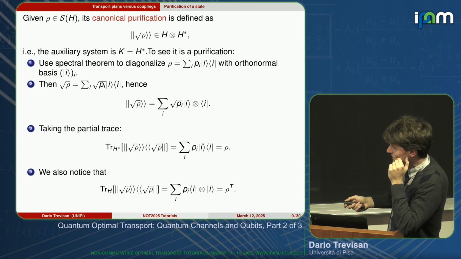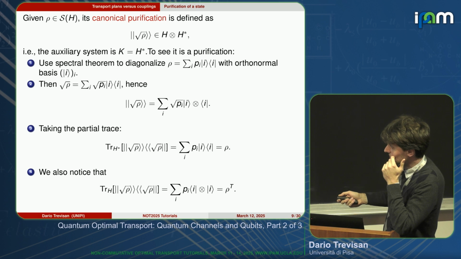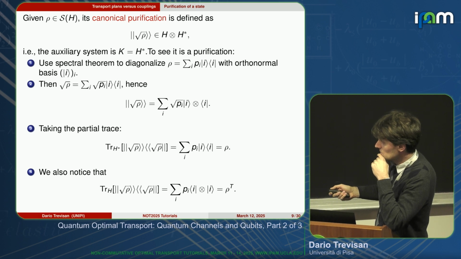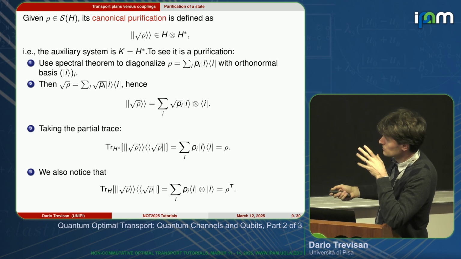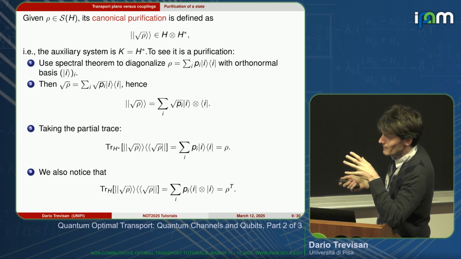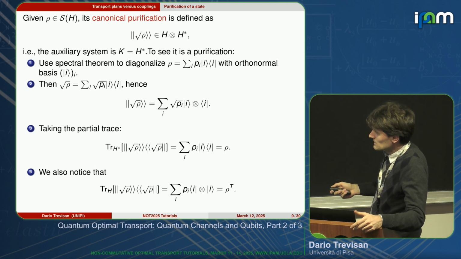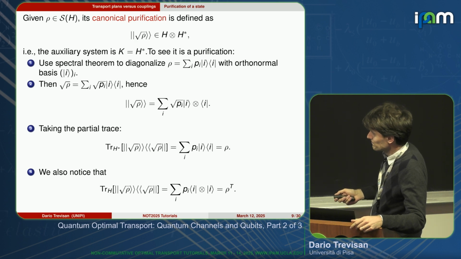So what is this vector? The correspondence is linear. So here we have these simple projection operators which correspond in H tensor H star to these elementary tensor products. So this is really an explicit expression of the purification, if you know the basis, if you know how to diagonalize rho. And now what happens is that you need to take the partial trace.